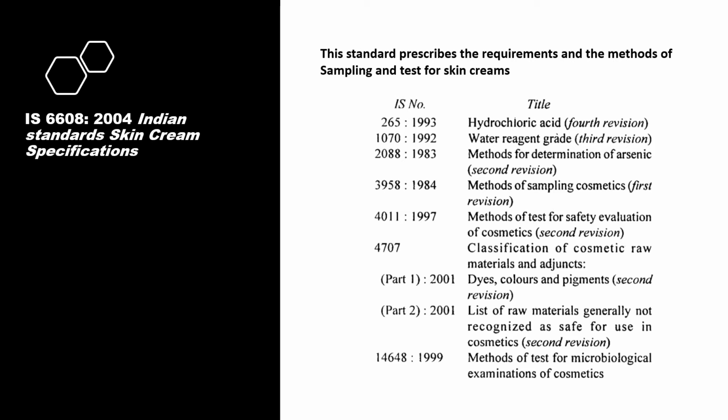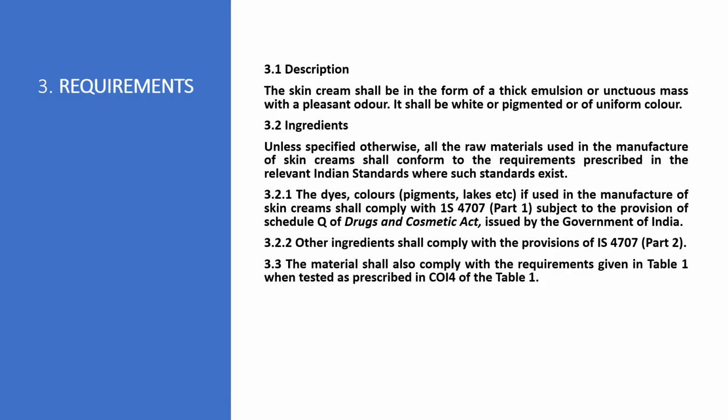Part 1 includes the dyes, colors and pigments, and part 2 contains the list of raw materials generally not recognized as safe for use in cosmetics. So again, they are very important. Similarly, Indian Standard 14648 gives the methodologies for microbiological examination of cosmetics.